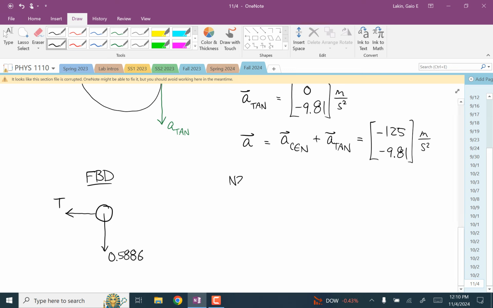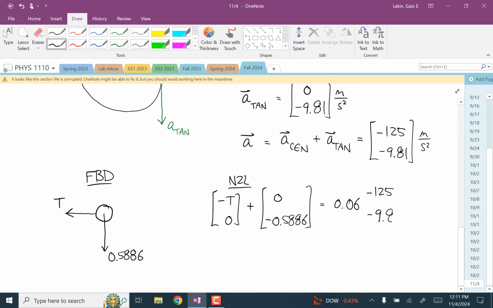Now Newton's second law: the T is in the negative x direction, so we have negative T, 0, plus 0, negative 0.5886, is equal to the mass, 0.06, times the acceleration vector, negative 125, negative 9.81.